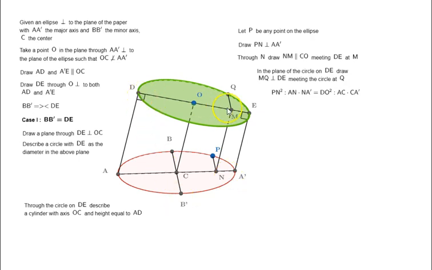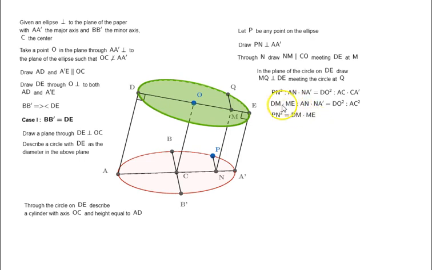BB prime is equal to DE, that means BC is equal to DO. So we can say DO square is to AC times CA prime, and DM times ME is to AN times NA prime equal to DO square is to AC square, which means PN square is equal to DM times ME.